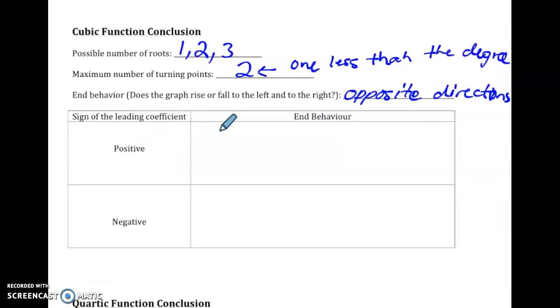So for the positive leading coefficient, remember it started down in quadrant 3 and it ended up in quadrant 1. So we can write that with a little diagram, or we could say that the behavior goes from Q3 to Q1. And you might also see it written as falls to the left, rises to the right.